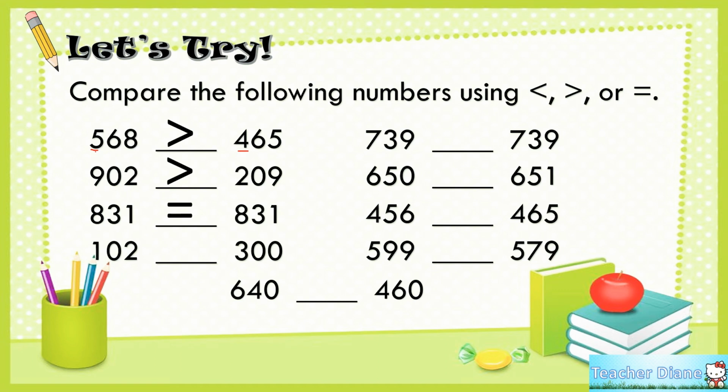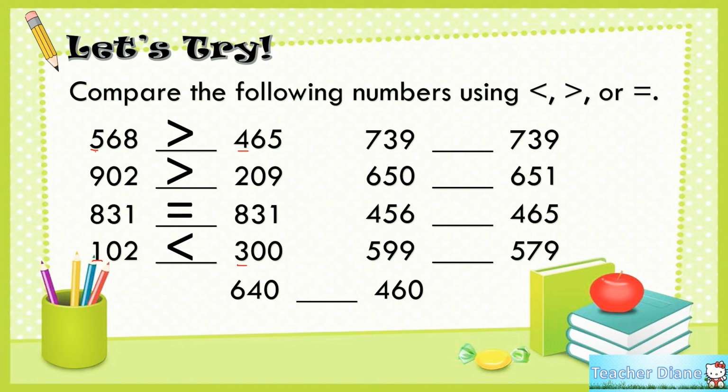Next, 102 and 300. Is 102 greater, lesser, or equal to 300? In the hundreds place, we have 1 and 3. Is 1 greater or lesser than 3? Right. So 102 is less than 300.